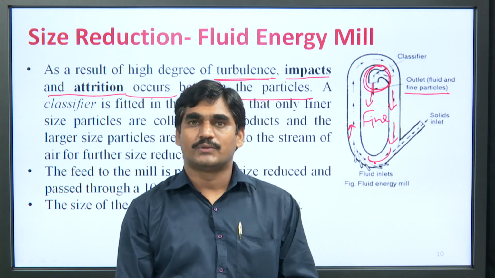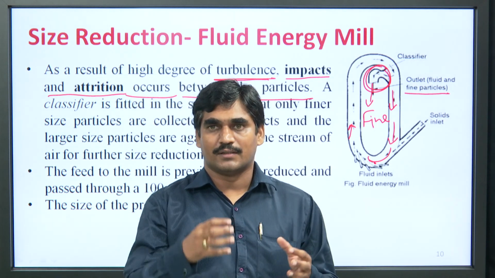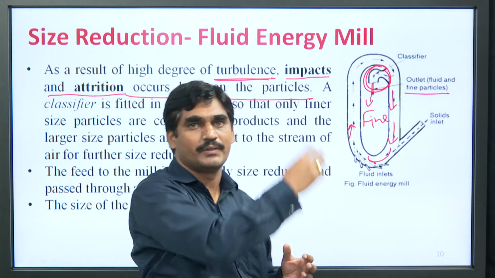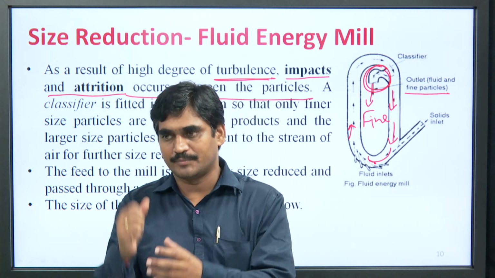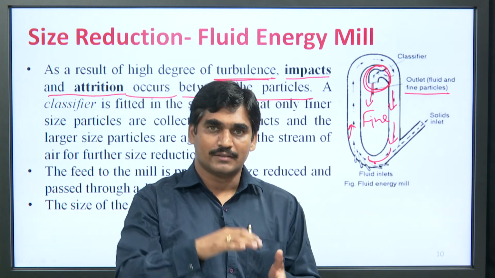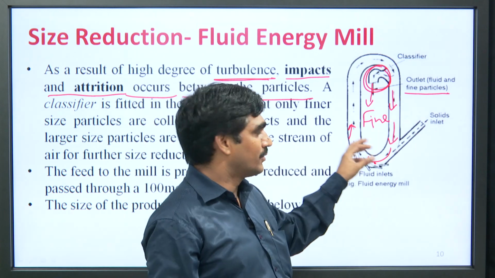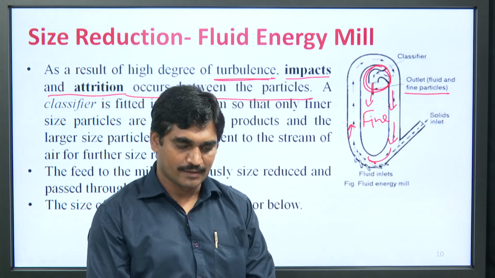The feed to the mill is previously size reduced. The larger sized particles that we enter into this mill are previously subjected to size reduction and passed through a 100 mesh screen, and only then is that feed introduced into this fluid energy mill for further size reduction.